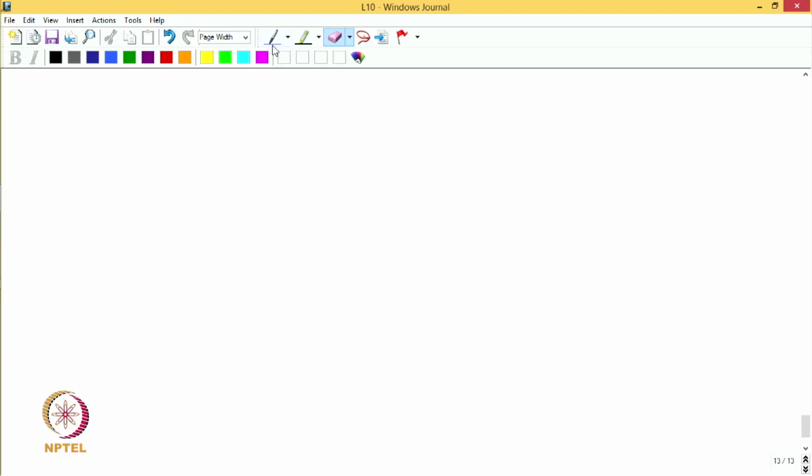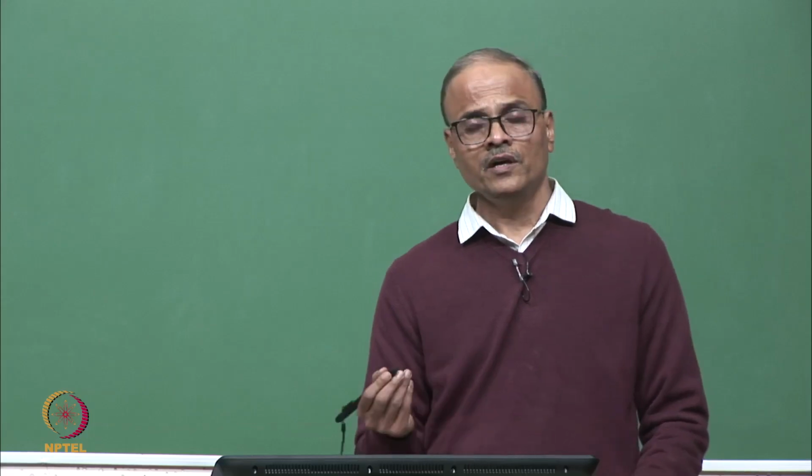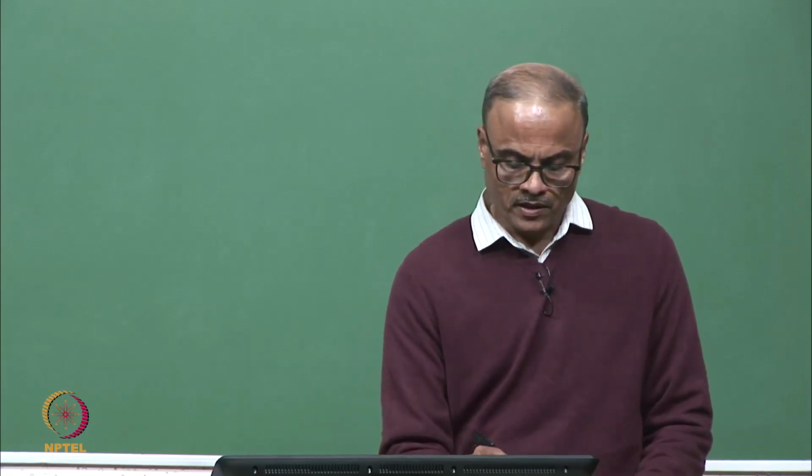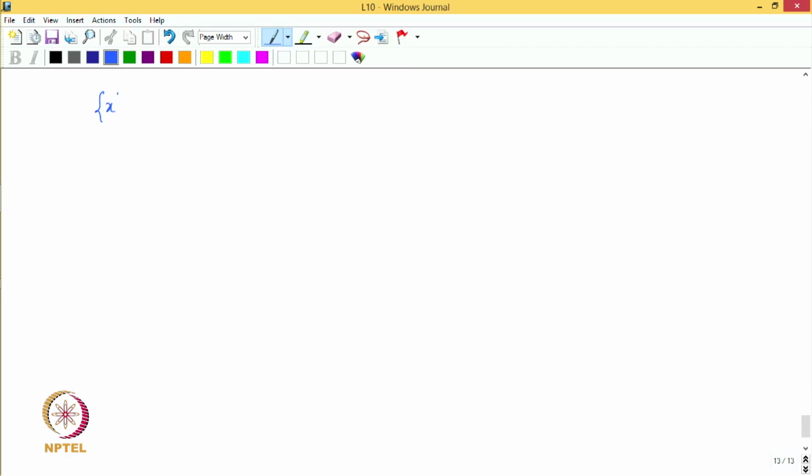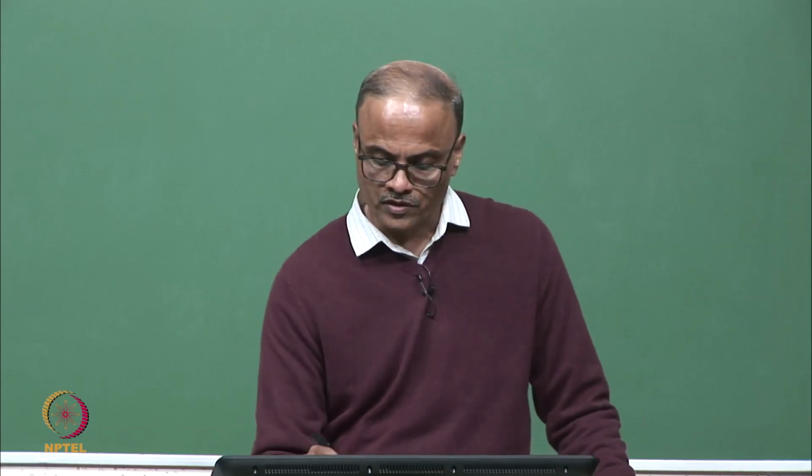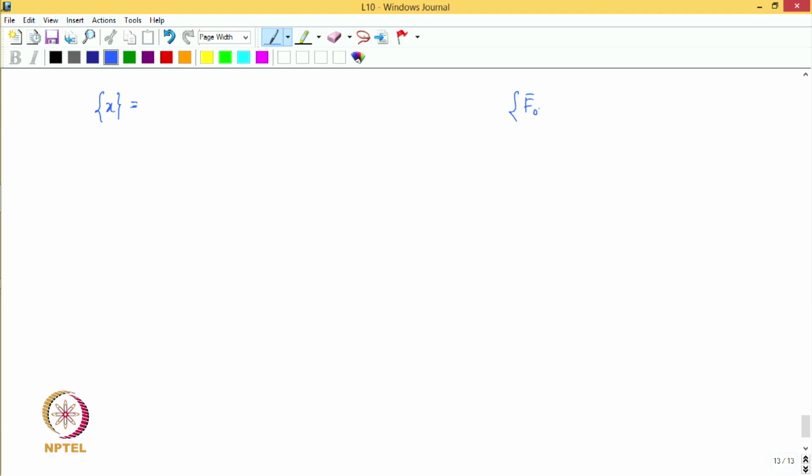So, if you take the first n coordinates from the vector z, we get the displacement at different degrees of freedom, and let us write down that expression now. I am directly writing down that expression after substituting the vector f bar o, which is f and a vector of zeros.